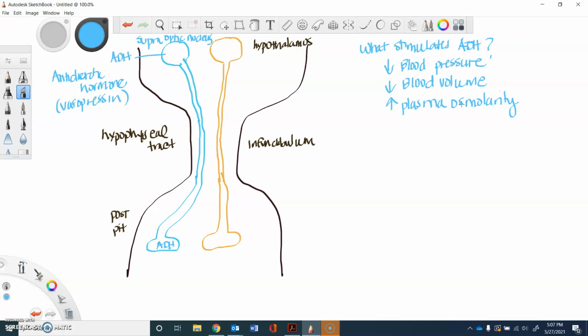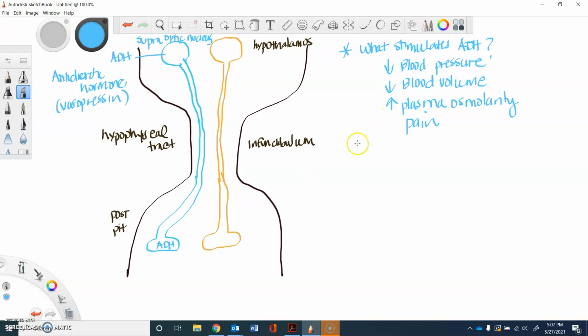So that means that blood volume would be down. So that increase in osmolarity will stimulate ADH. Pain also will stimulate ADH. Okay, so those are the things that actually cause the hypothalamus to tell posterior pituitary to secrete ADH.